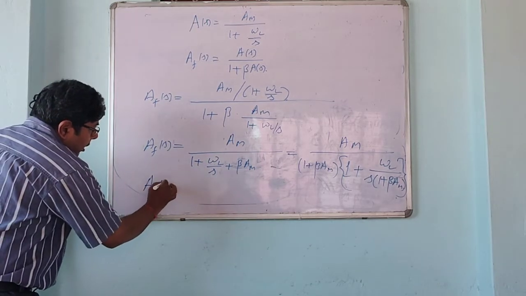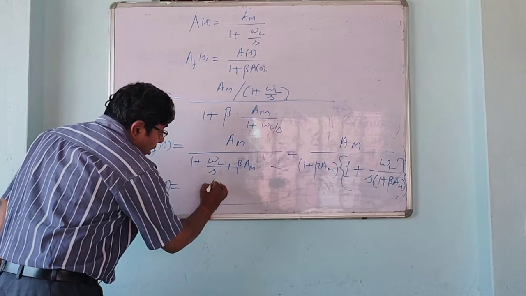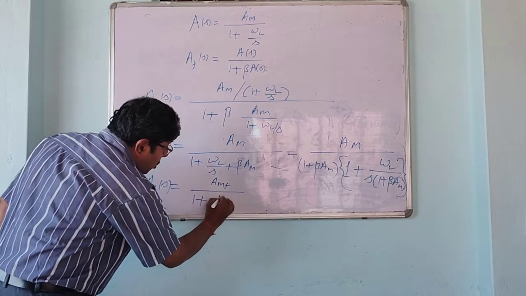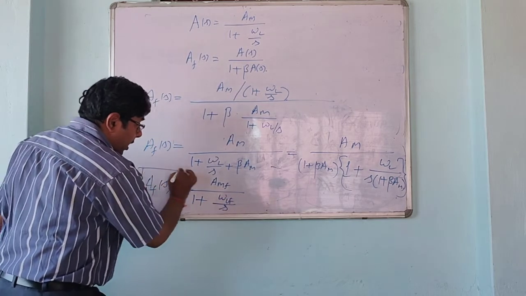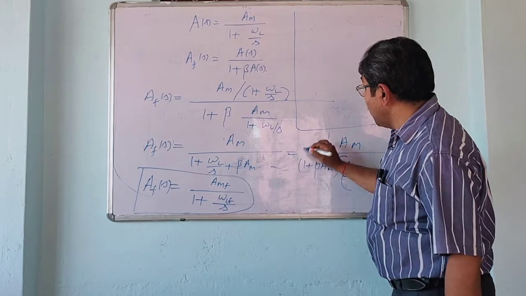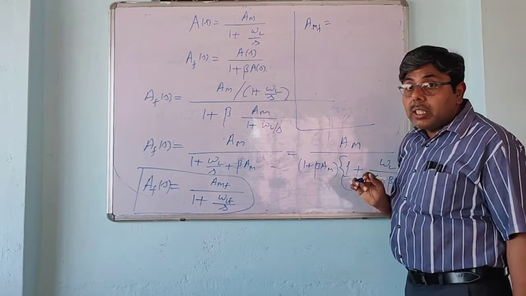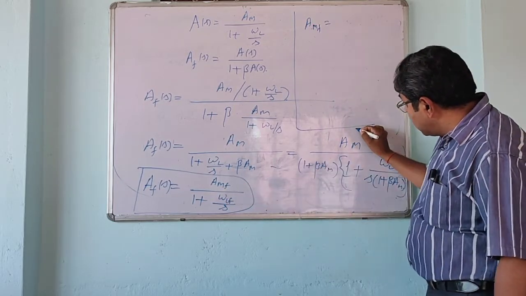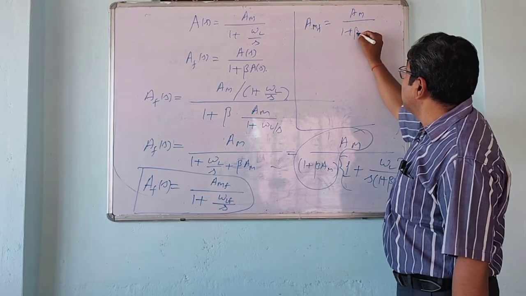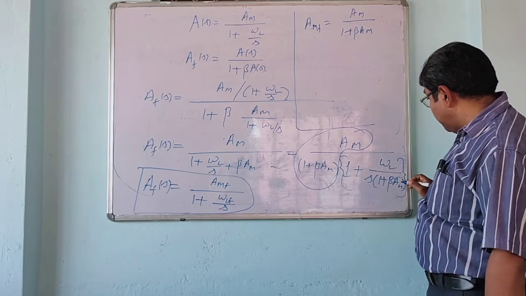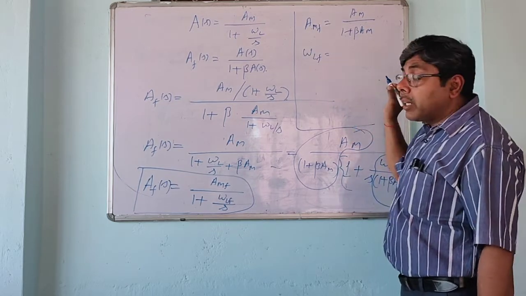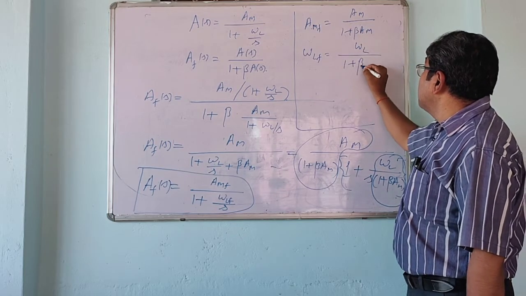Again we can write AFS equals AMF divided by 1 plus omega LF upon S, where we can write from here this term AMF is the midband gain with feedback, meaning AM divided by 1 plus beta AM, and this term, omega L upon this quantity, is the lower 3 dB frequency with feedback, meaning omega L upon 1 plus beta AM.